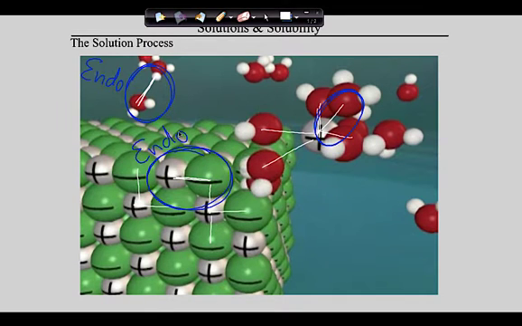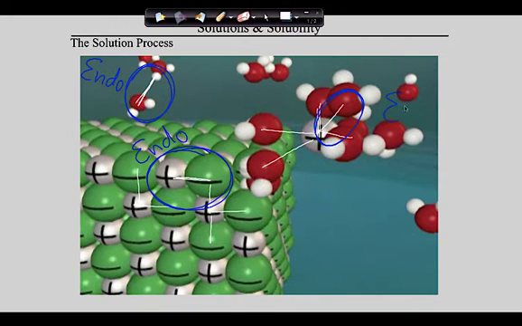Now that we've got the water separated from the water and the salt separated from the salt, then we end up with these intermolecular forces, these forces of hydration. And again, what type of forces are these in this particular example? Ion dipole. And as these ion dipole forces form, is that endo or exothermic?